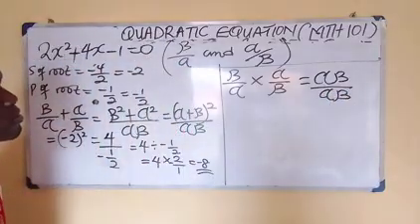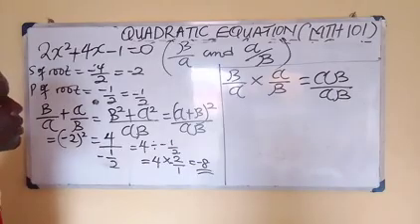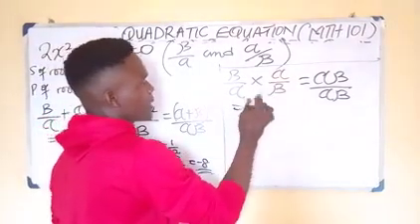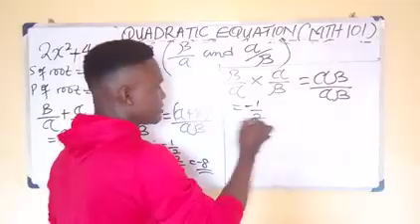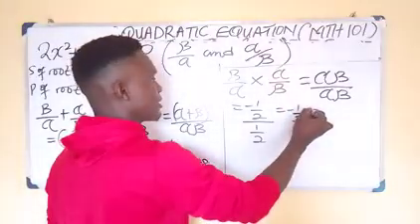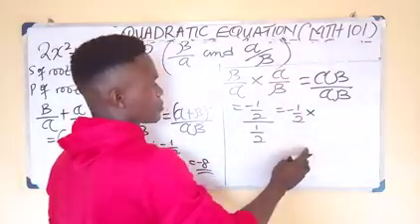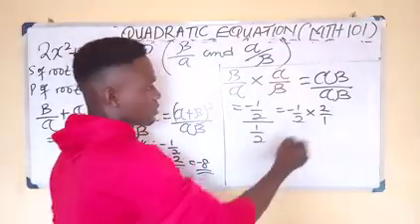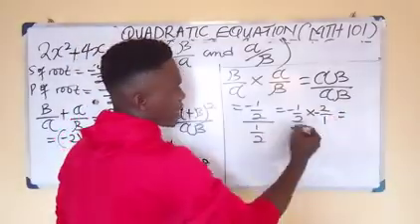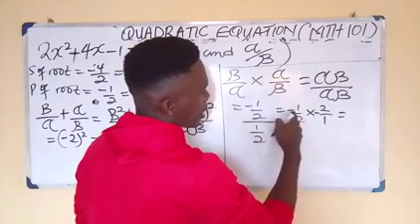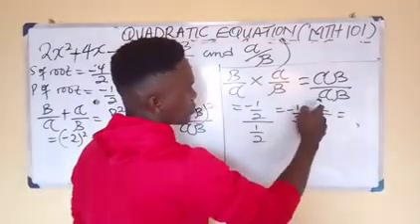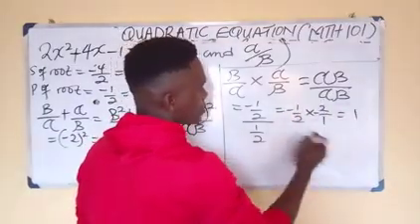So I'll be having 1, that is minus 1 over 2 divided by minus 1 over 2, which becomes minus 1 over 2 times 2 over minus 1.